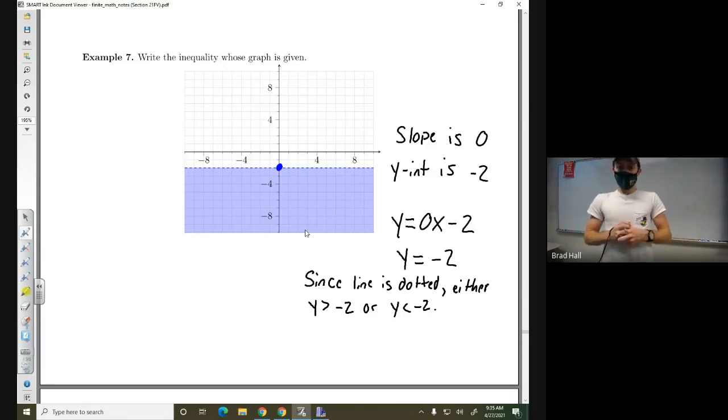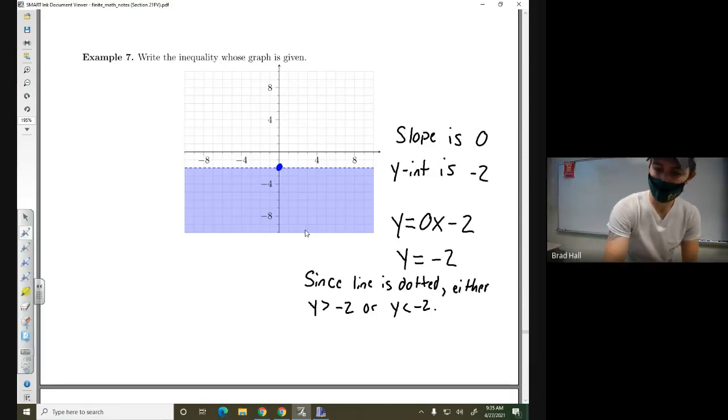And so really one way you can look at this might be more so intuitive. Is the shaded region above the line or below the line? Another way we can do this is to test 0, 0 on one of these inequalities. So I'll pick this one.